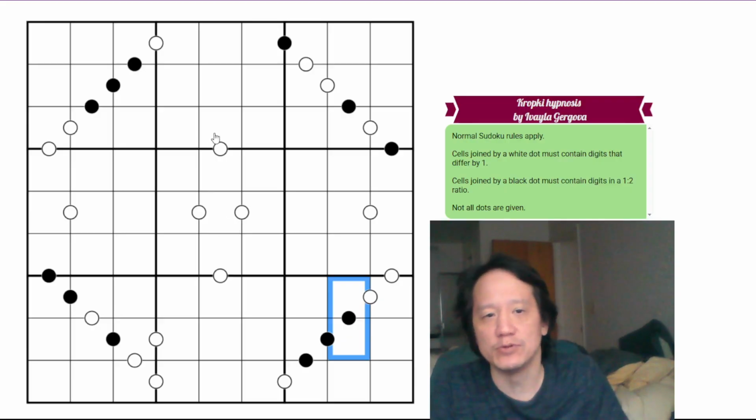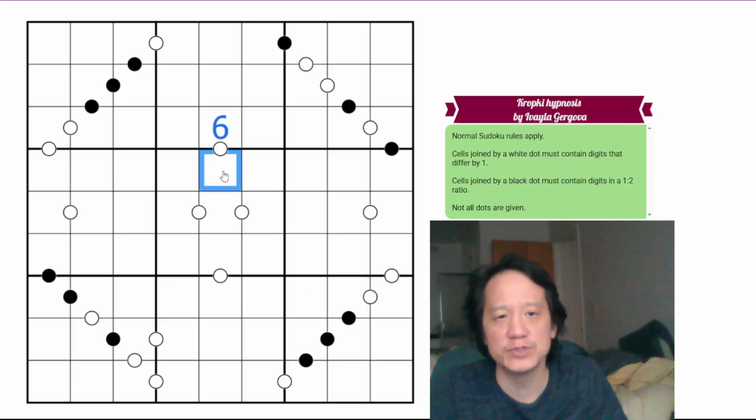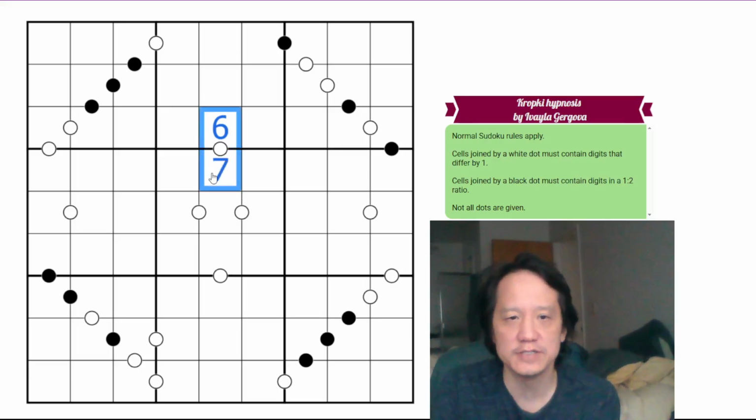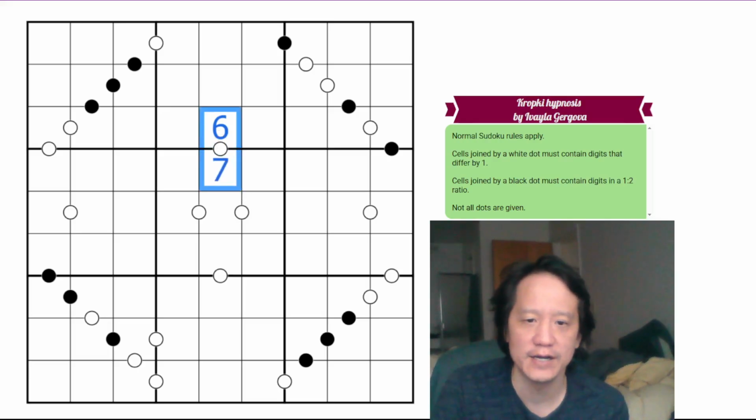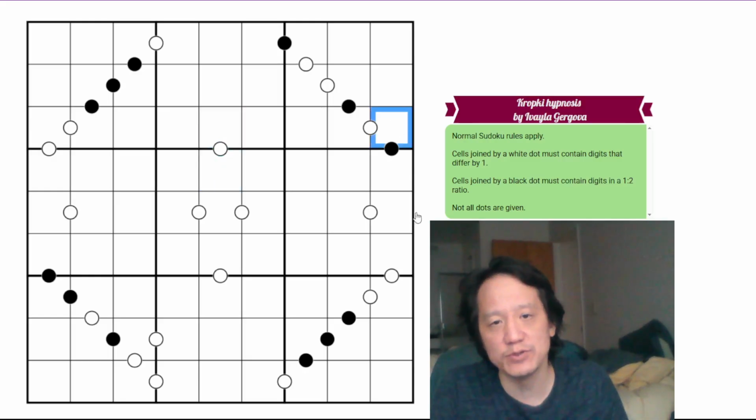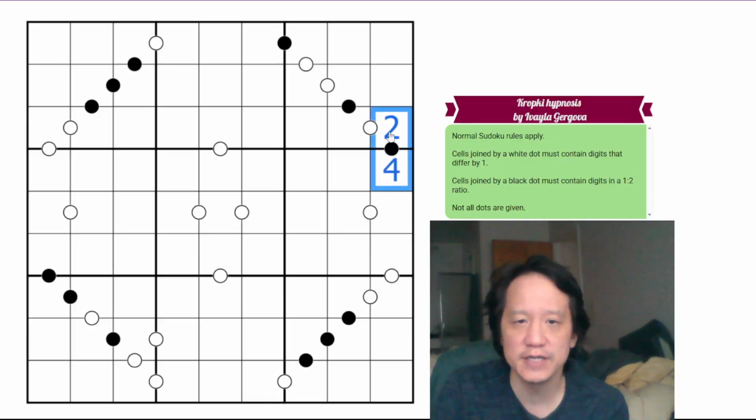As examples, if this were a 6, this would have to be 5 or 7, because these cells must differ by exactly 1. And if this were a 2, this would have to be a 1 or 4 to maintain the 1 to 2 ratio between them.